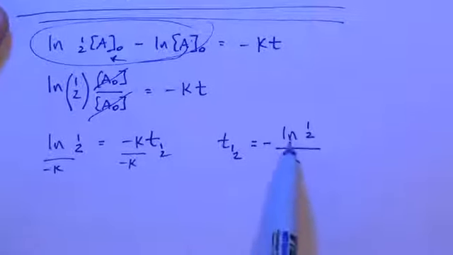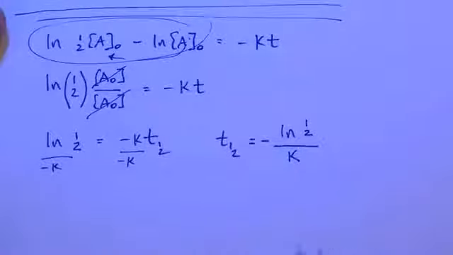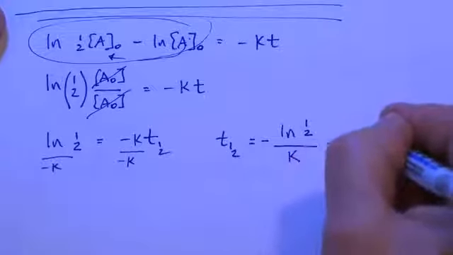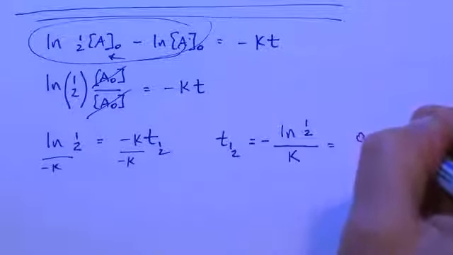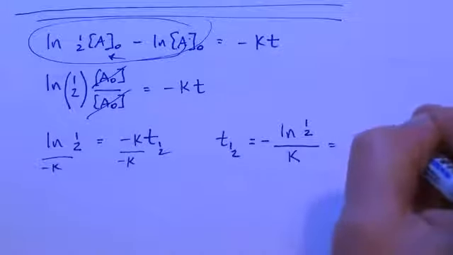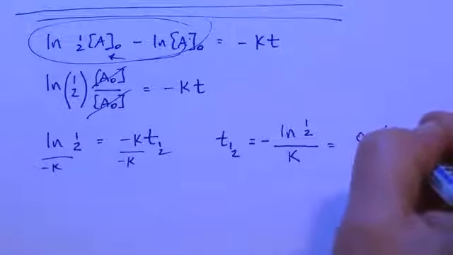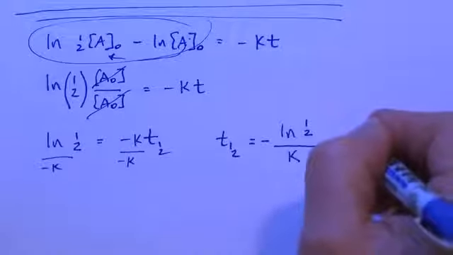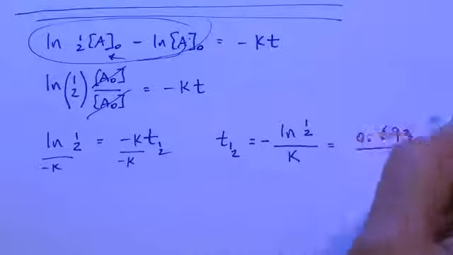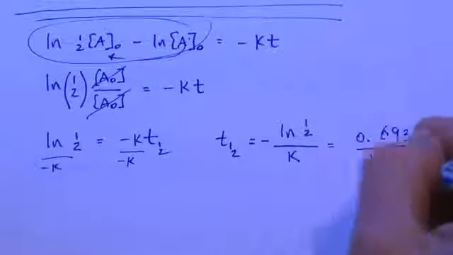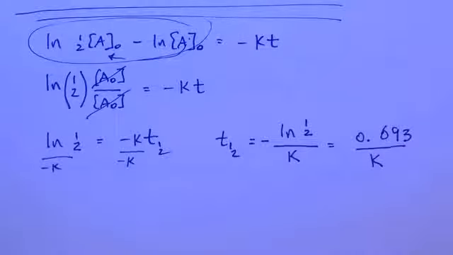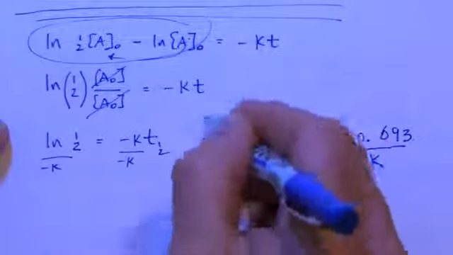And if you plug the natural log of 1/2 into your calculator, you end up with negative 0.693, but a negative times a negative gives you a positive 0.693, and that's equal to k, which leads to a very interesting equation.